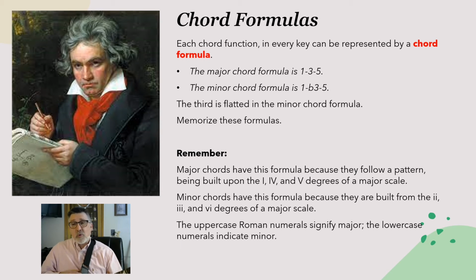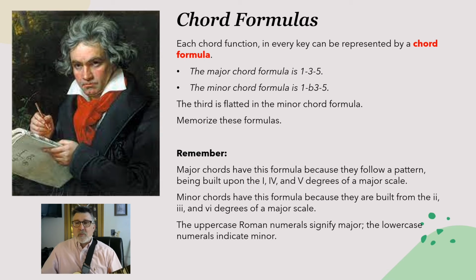The minor chord formula would be a 1, the flat 3, and the 5. So whatever your second note in your triad, the degree of the scale in that case would be a flatted third. So minor has a flatted third, major has just a regular third, no alteration of it at all.